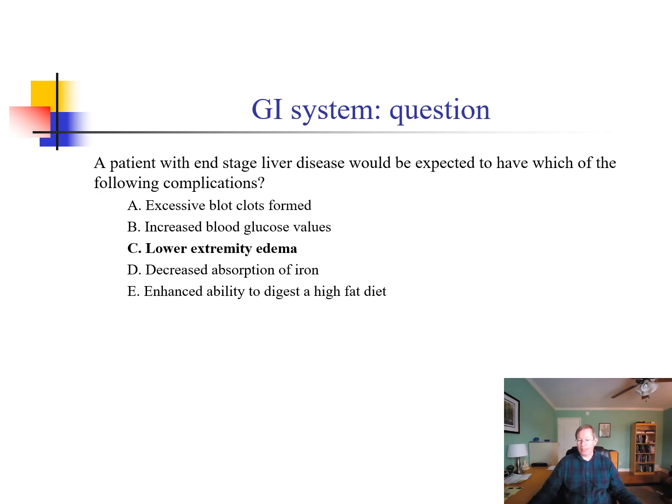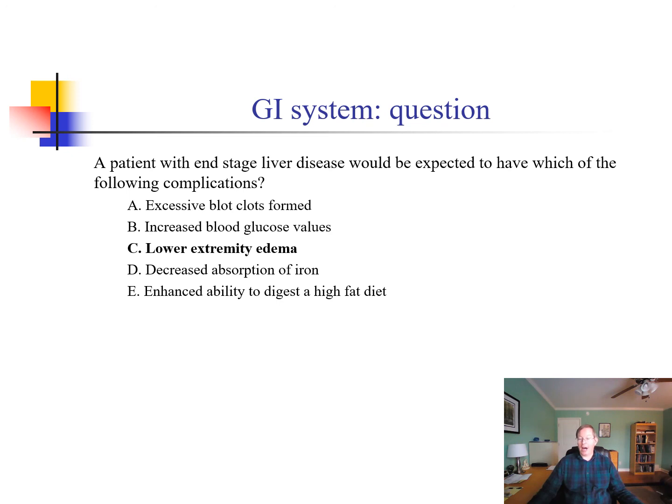And remember, you break down insulin. So increased blood glucose levels would not be the case, because if you've got an excess of insulin around, you're not going to have increased glucose levels. Absorption of iron is occurring within the duodenum and not in the liver.